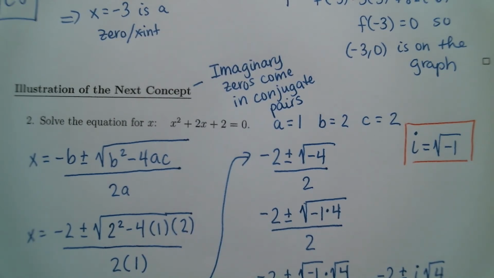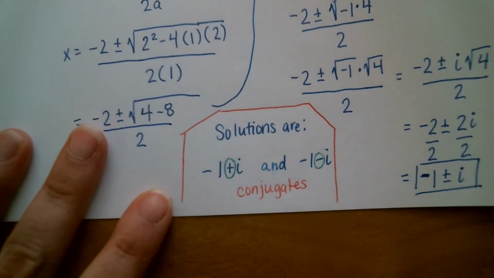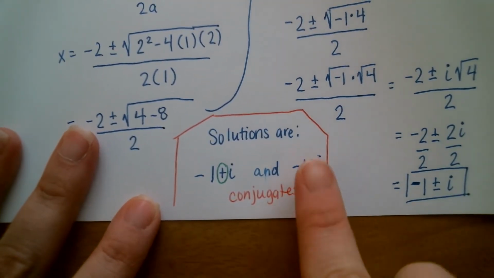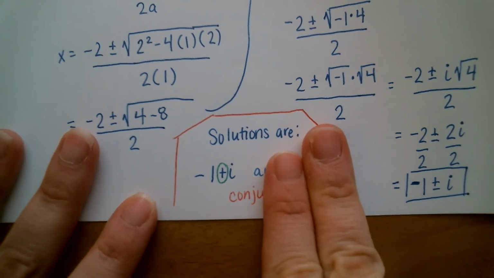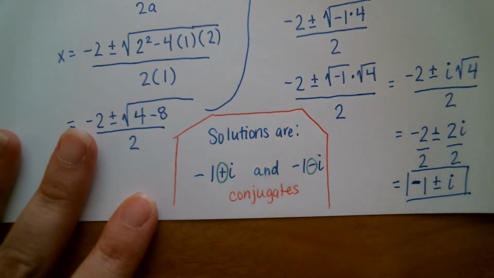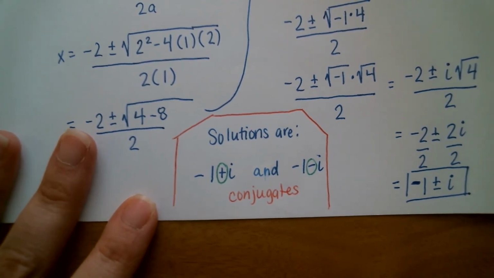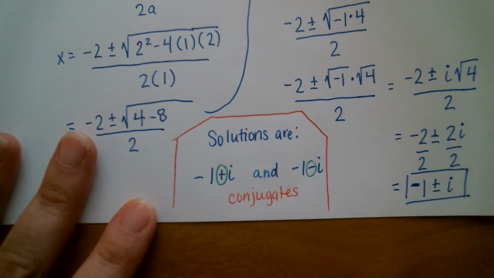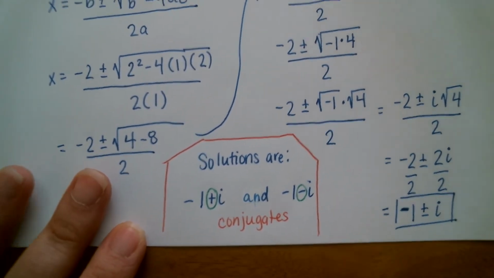If you get imaginary zeros, they're going to come in conjugate pairs. Meaning, if you were solving something and you got this guy as a zero, -1 plus i, you also have to have its conjugate pair as a zero, -1 minus i. They have to come in pairs. You can't have one without the other. And again, this applies not only to quadratics, but also to polynomials of higher degree.